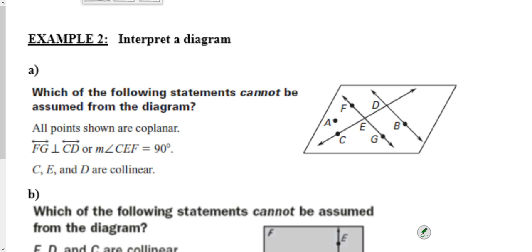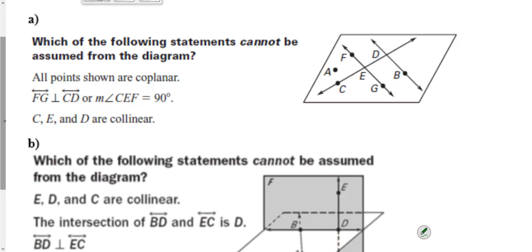So let's look at these pictures, these diagrams. Which of the following statements cannot be assumed from the diagram? So any statements that cannot be assumed from this diagram. Our first statement is all points shown are coplanar. So let's look at the points. We've got point A, point C, point F, point E, point D, point G, point B. Are they all inside the plane?